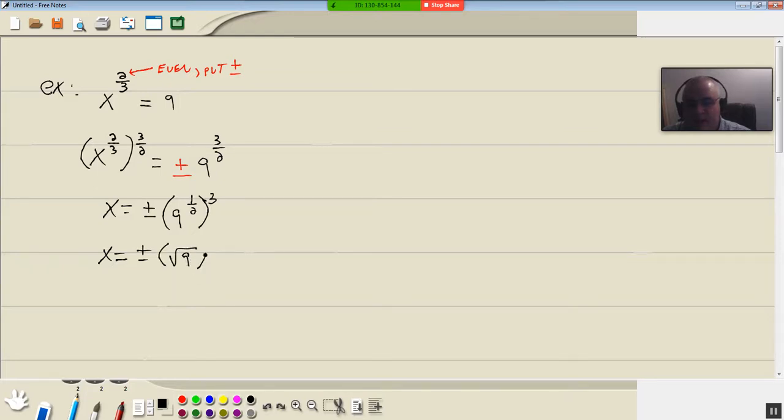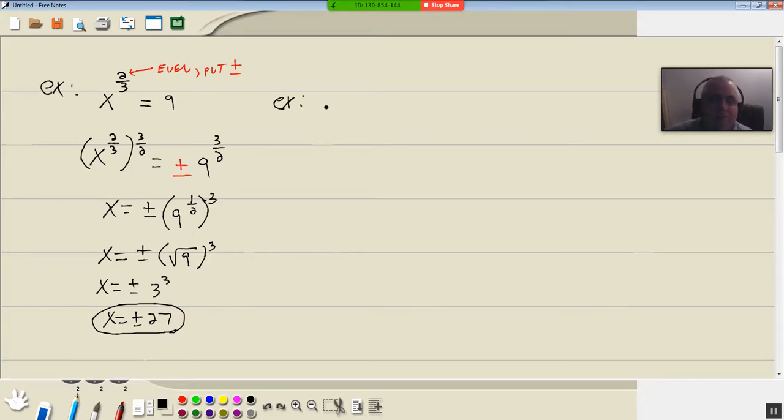This will be the square root of 9. Now square root of 9 is 3, and then that third power carries down, and we end up with x is equal to plus or minus 27. And I'd need to check those. I'd need to plug both of them in, make sure they work, but they both work. I won't waste time on that.